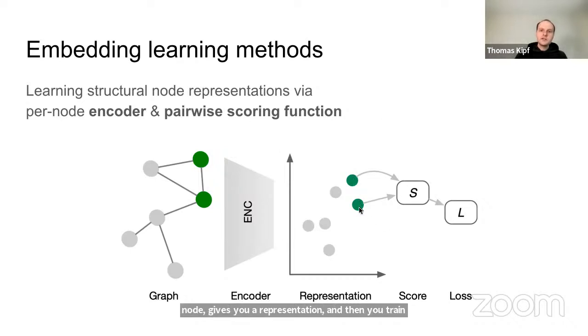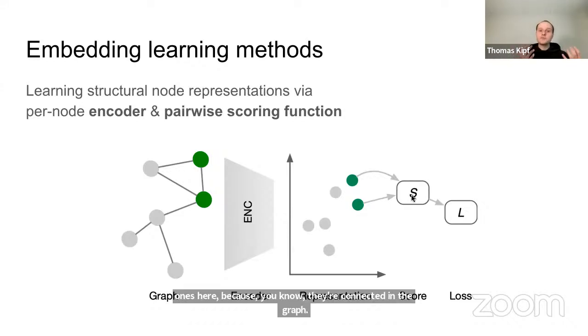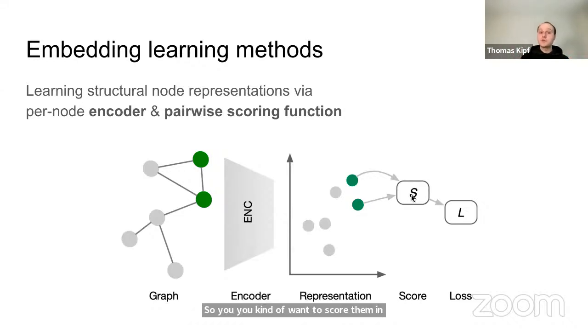Let's say in this representation space, you know these two nodes, the two green ones here, are connected because they're connected in the graph. So you want to score them in such a way that they're, for example, close to each other in representation space using a loss. Then you can train this with an optimization procedure, for example, gradient descent. Let's say we have these nodes i and j, then we call their representations zi and zj.